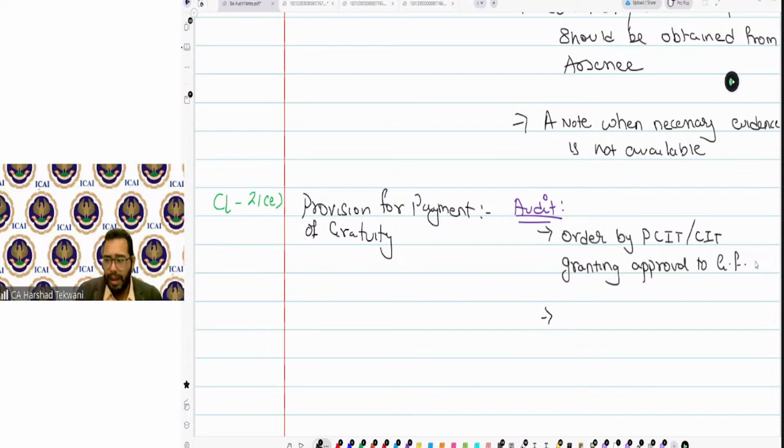Also, we need to verify whether provision has been made as provided in the trust deed. So, provision made versus specified in trust deed.